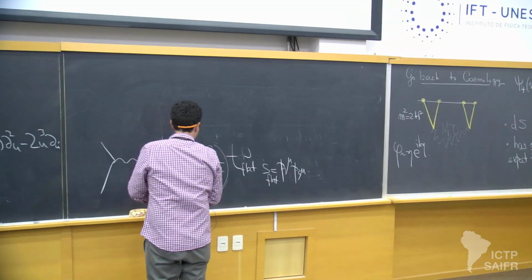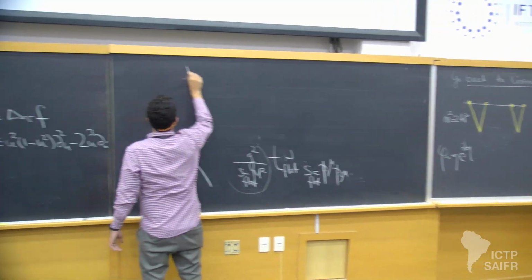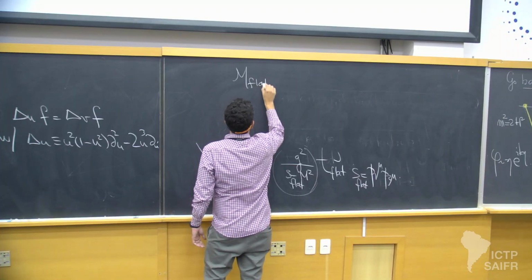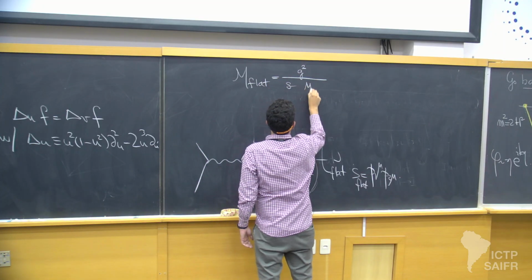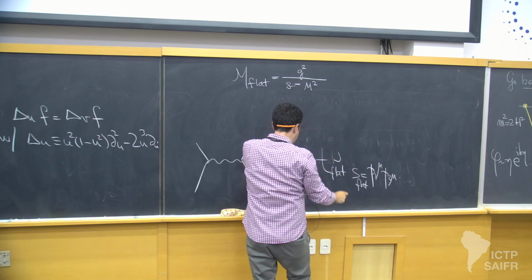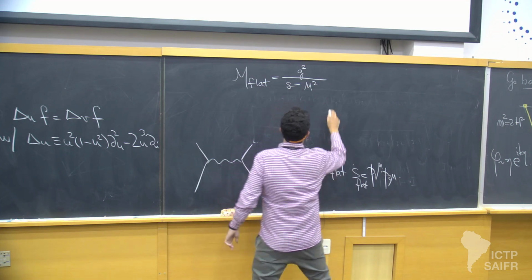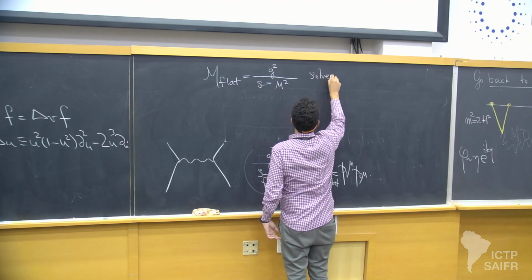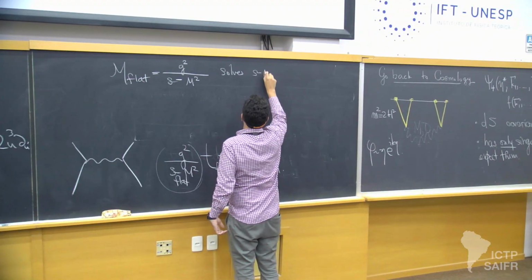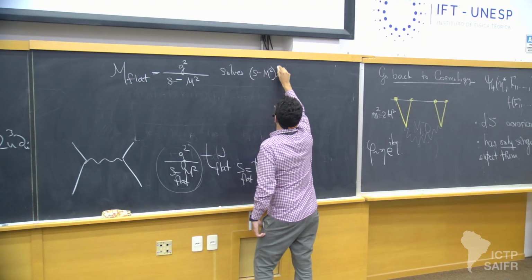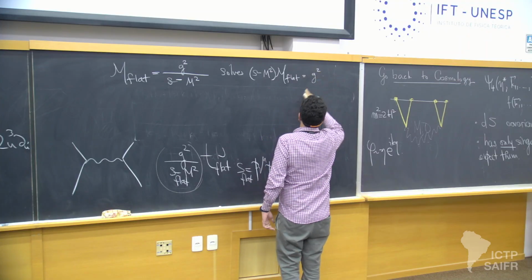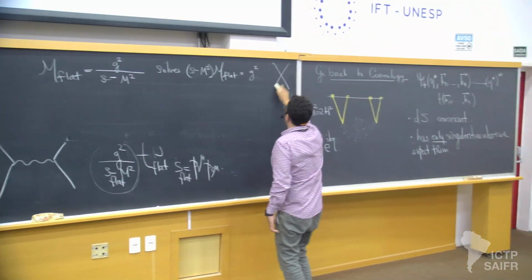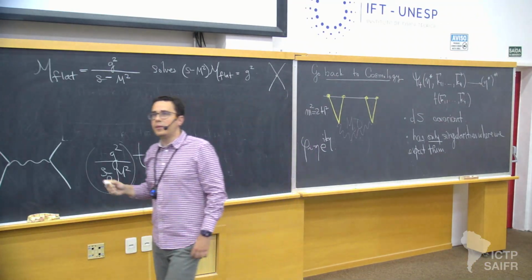Forgetting about spin for now, M_flat solves (s minus m squared) M_flat equals g squared, where g squared is just a contact interaction, like lambda phi to the 4.